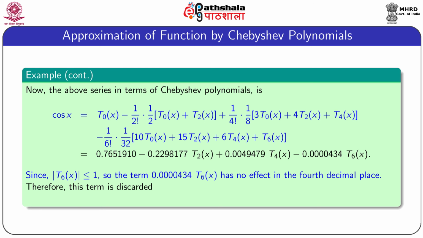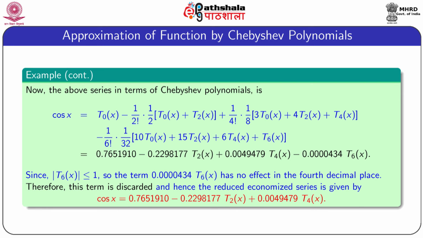Therefore, the term is discarded and the reduced economized series is given by cos x equal to 0.7651910 minus 0.2298177 into T2(x) plus 0.0049479 into T4(x).